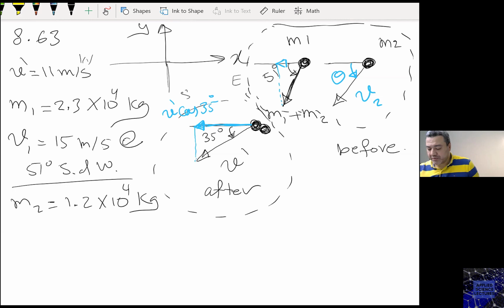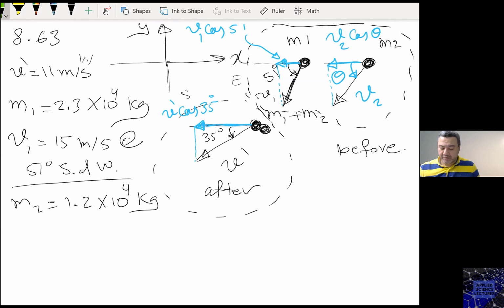And this one is v1, and this is v1 cosine 51, and then I have this one, and this one is v2 cosine theta.